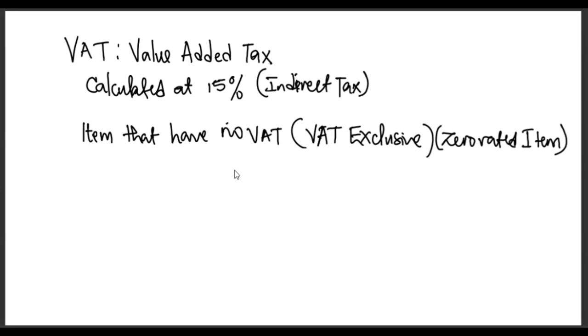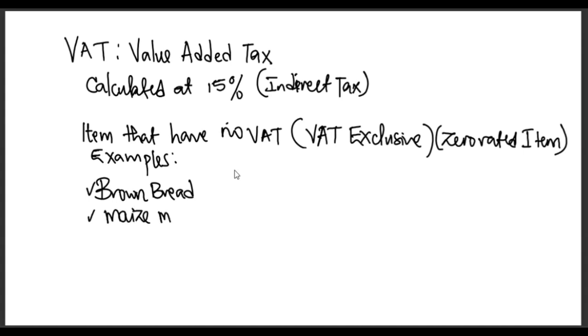Then we have examples of these. Probably we can start with brown bread. It's VAT free. It has no VAT. Brown, actually, all brown rated items. All right. Then we have maize meal, the maize flour, then we look at eggs.